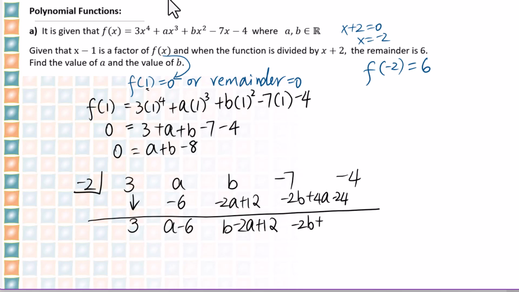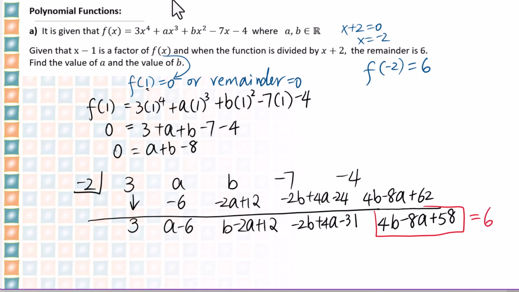Negative 2b plus 4a minus 31. Times negative 2 again. 4b minus 8a plus 62. Then adding, 4b minus 8a plus 58 equals 6. Since this is calculator based, you don't have to simplify this equation.